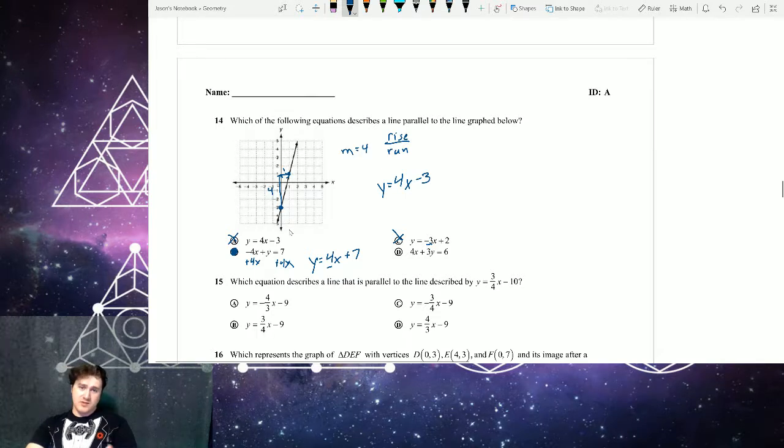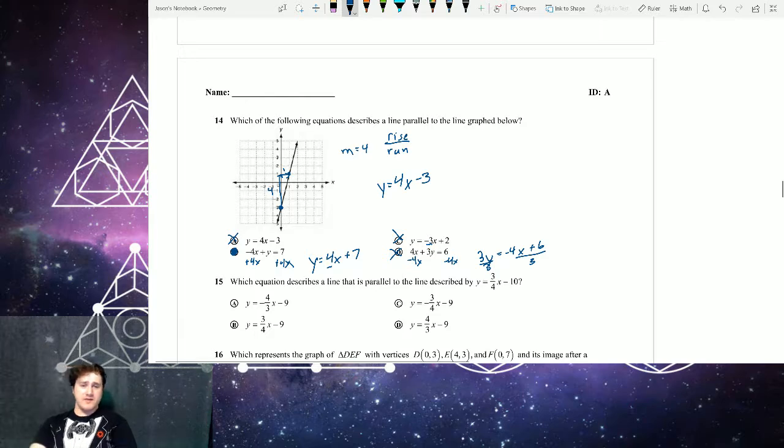And we can just double check anyway here. Minus 4x gives us 3y equals -4x plus 6. We'd have to divide both sides by 3. So if we do this, we end up getting a slope of -4/3, which is not going to be parallel. So we were good with that one. It's definitely not D.